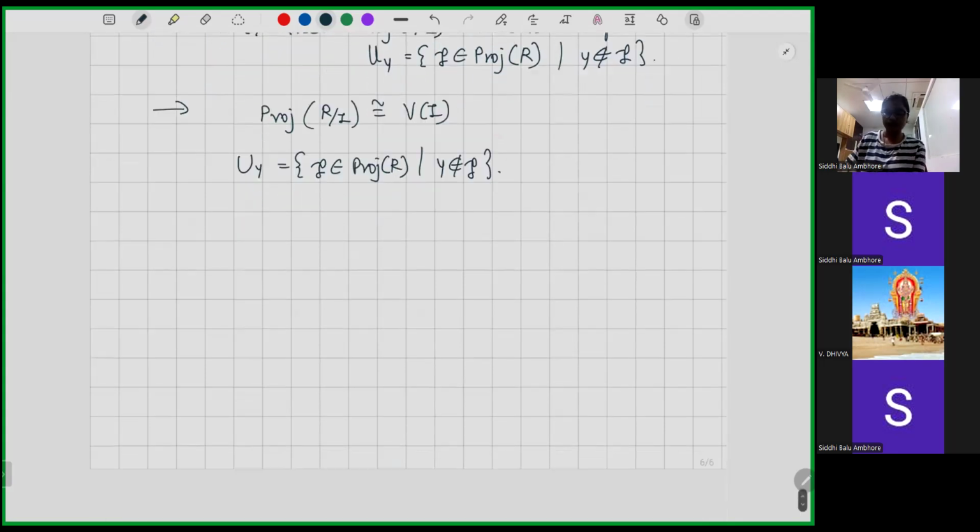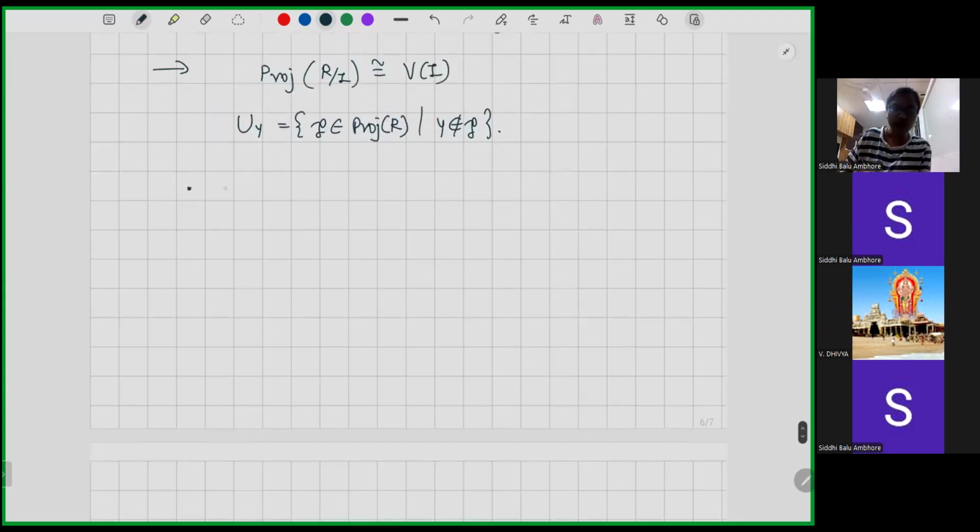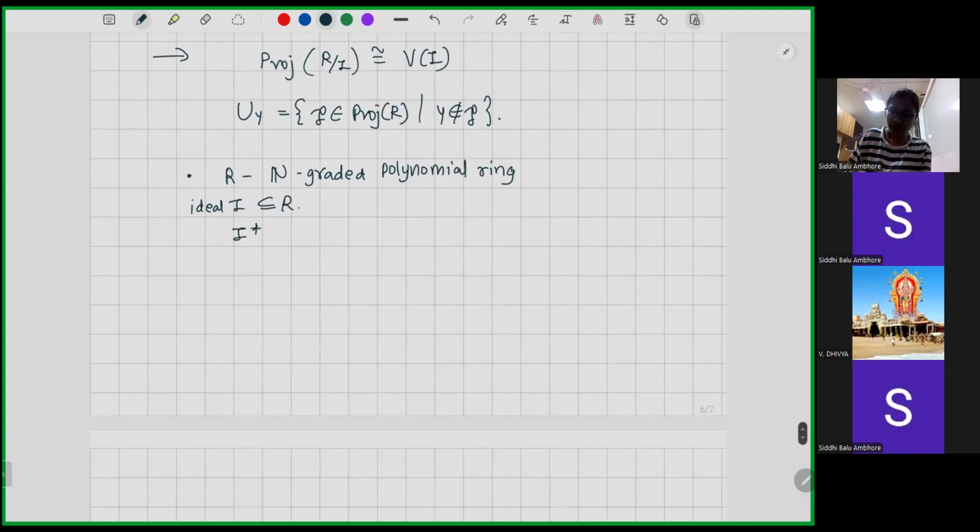One more thing before we move ahead with this question, note that if R is an n-graded polynomial ring, and I is an ideal in R, then I star, we have defined this, right?